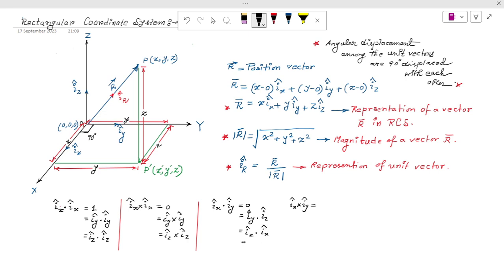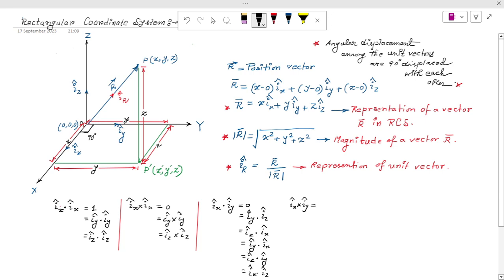We can proceed also Iy dot Ix, Iz dot Iy, and Iz dot Ix. Why can we proceed?